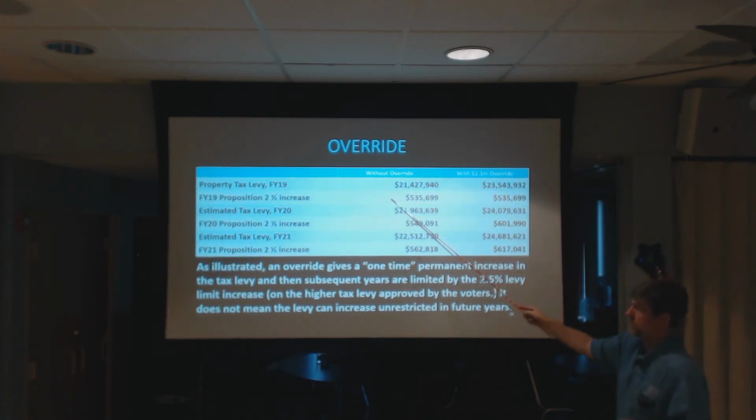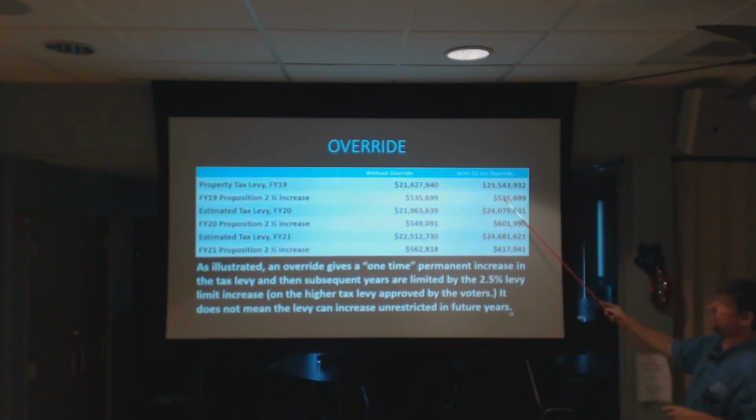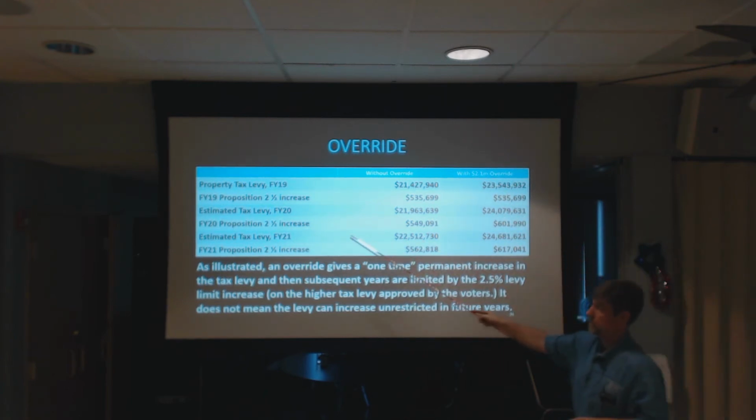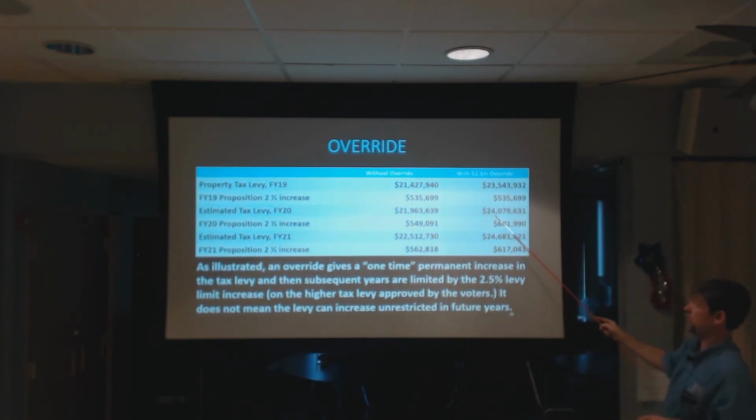The levy increase is based upon last year's levy, so it's still $535,000. But when you add those two numbers together, the estimated tax levy in fiscal year 20 would be a little over $24 million, and a 2.5% increase on that gets you about $601,000.